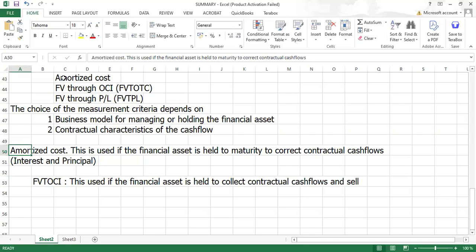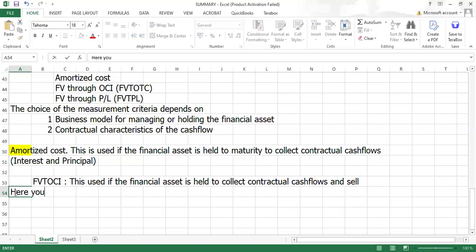Here the maturity period matters. With amortized cost, you expect to receive the contractual cash flows like interest and principal only at maturity. But with fair value through OCI, you can sell before the maturity period.